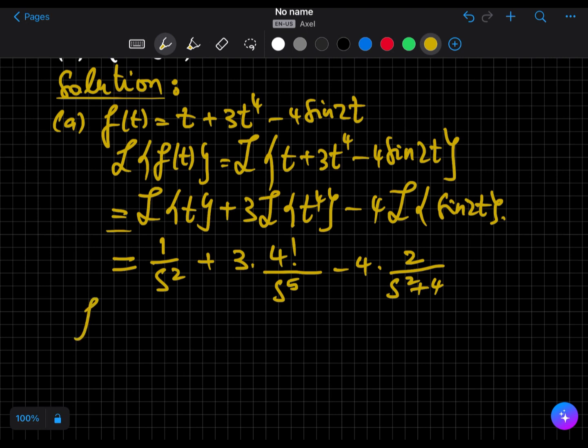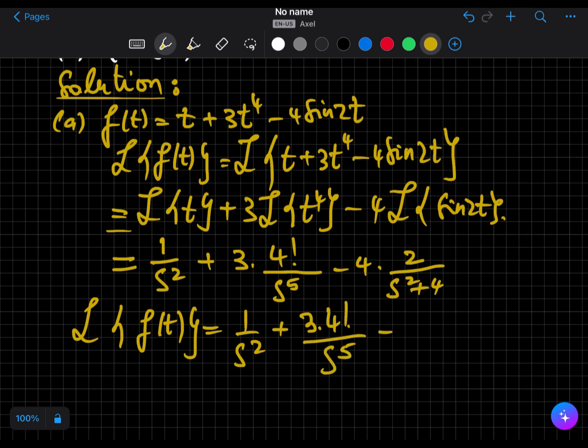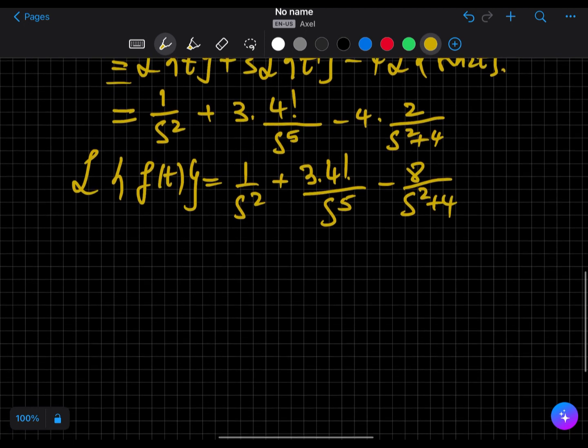Therefore, the Laplace transform of f of t is equal to 1 over s squared plus 3 times 4 factorial over s to the power 5 minus 8 over s squared plus 4. Okay, so that's it for the first case.